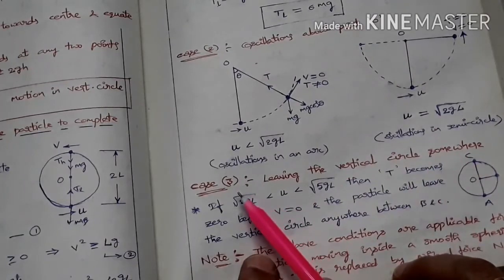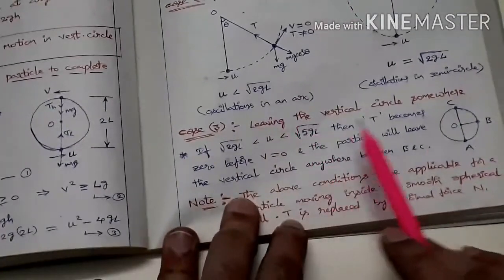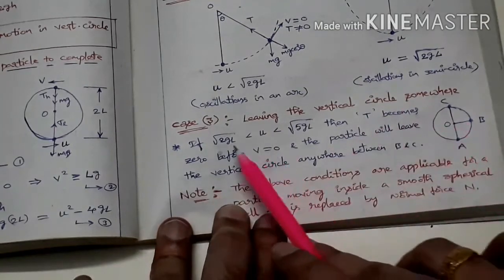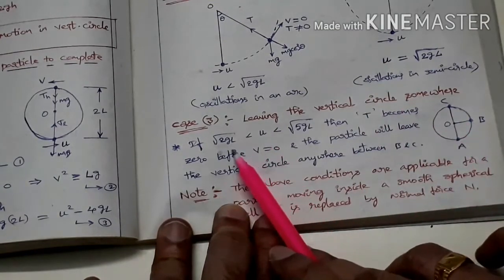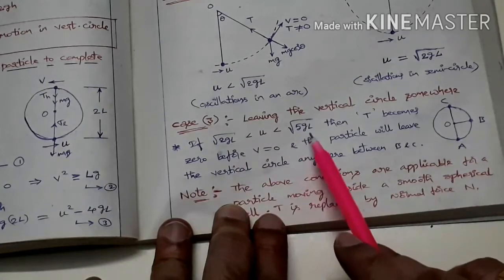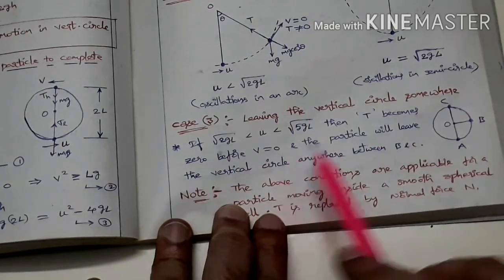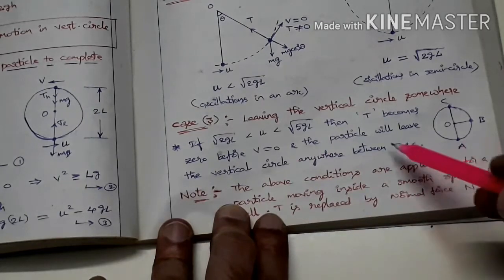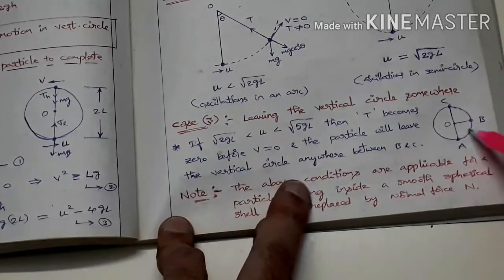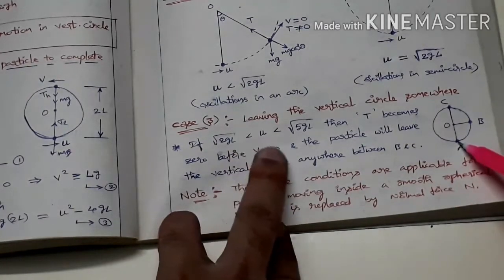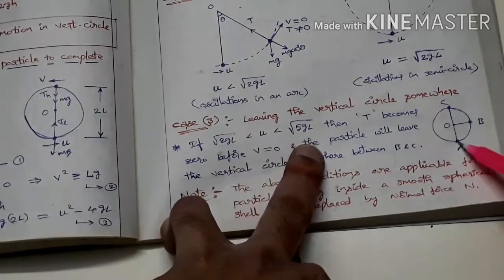And the next one is case 3, leaving the vertical circle somewhere else. If u is greater than root 2gl and less than root 5gl, then T becomes 0 before v becomes 0. So here the particle will leave the circle anywhere between B and C. Suppose u is greater than root 2gl but less than root 5gl, then what happens?